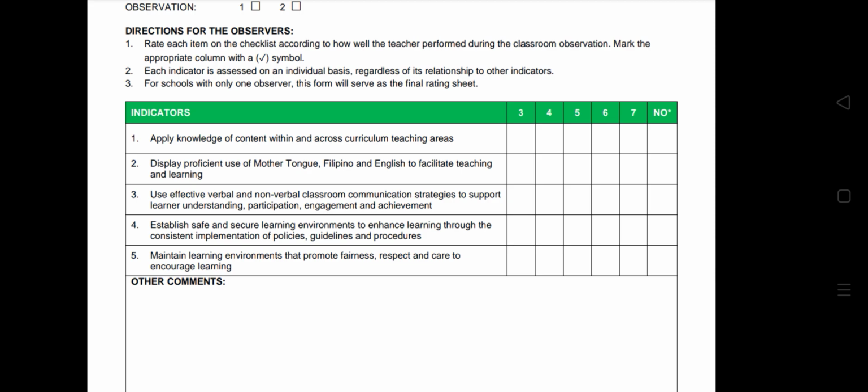Magbibigay kami ng 5 if the teacher frequently, meaning often occurs. Magbibigay kami ng 6 if the teacher generally implements. Generally meaning normally occurs. Magbibigay kami ng 7 if the teacher consistently, meaning constantly occurs.